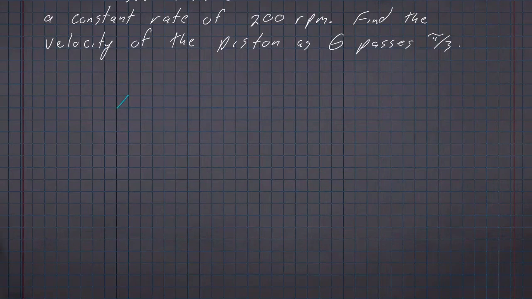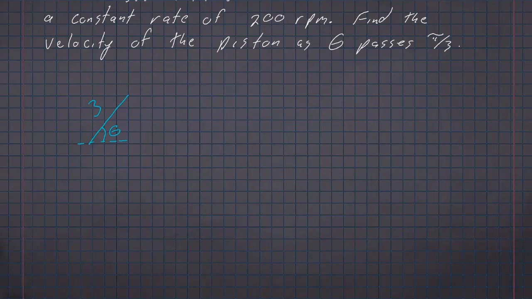Because what really matters is that we have a radius of the crankshaft between the center point where we're measuring the angle and the point where we are connected. We have an angle there we'll call theta, and a constant fixed length here of 3 inches.